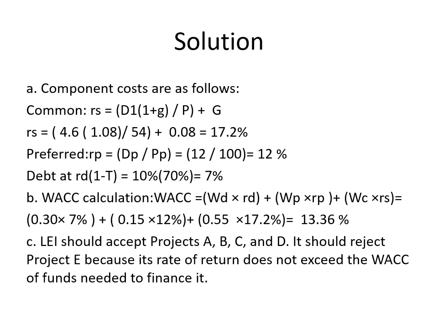The cost of preferred stock will be equal to the dividend, which is 12 over 100, giving 12%. And the cost of debt will be the 10% interest rate times (1 minus T). The tax rate is 30%, which means 1 minus T equals 70%, so the cost of debt will be equal to 7%.